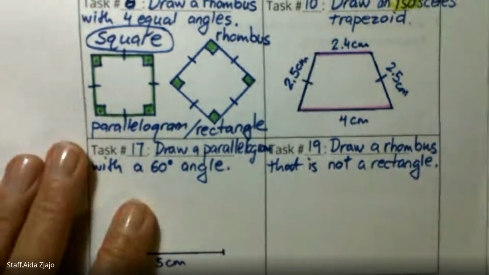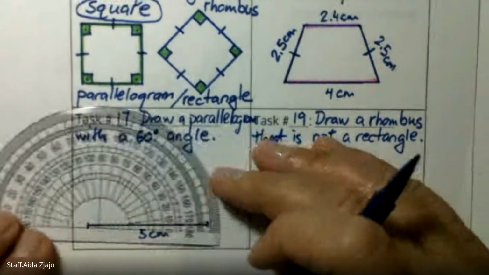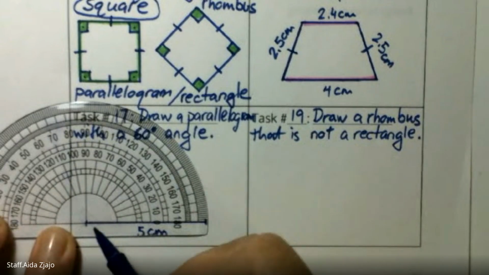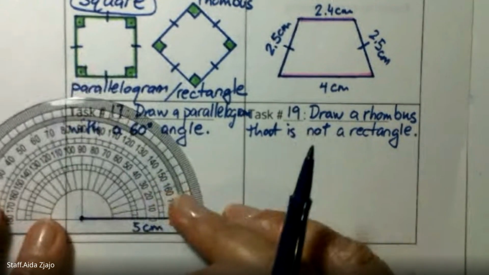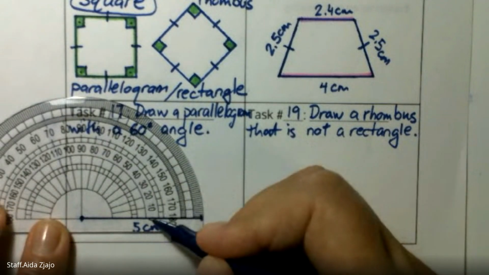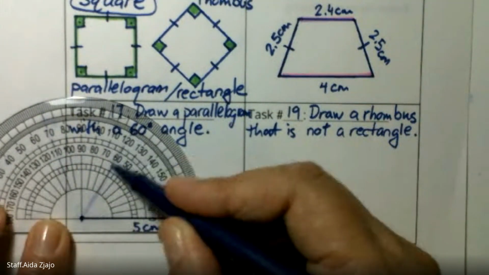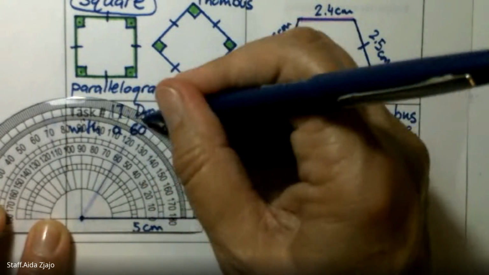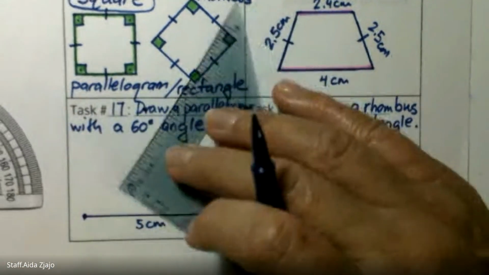Okay, and then this is a 60 degrees angle, so I'm going to make a 60 degrees angle. Here is the center of a circle. Remember, angles live in a circle. So here's the 0. I want 60 degrees, so that is 60 degrees. I'm going to make a dot right here. It helps me to connect.